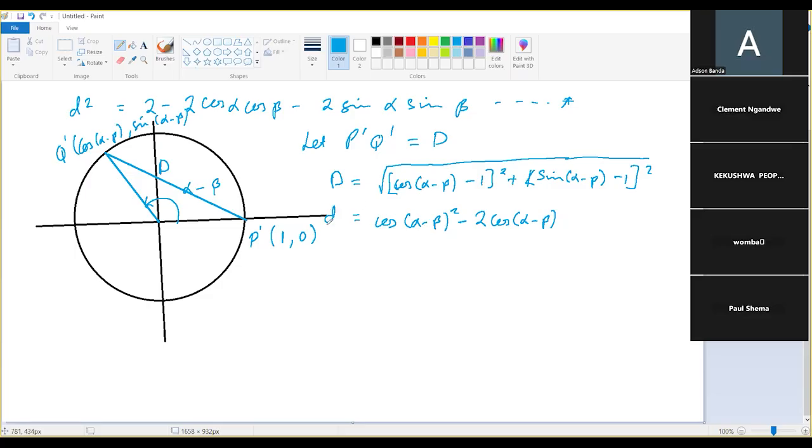Here I'm doing d squared, so I'm just going to do d squared and then expand. The first expansion is what I am doing, and then plus 1. Then next you have sine of alpha minus beta all squared minus 2 sine alpha minus beta, and then plus 1.